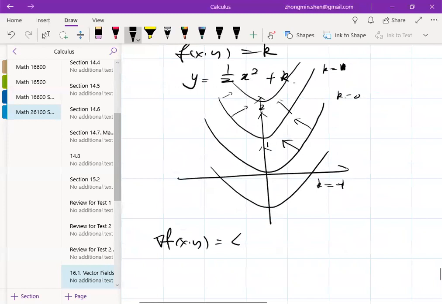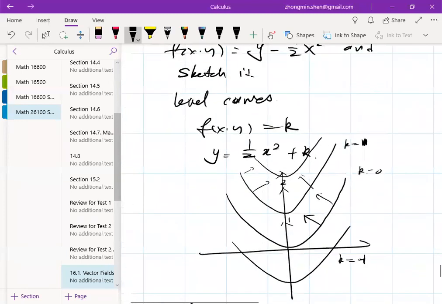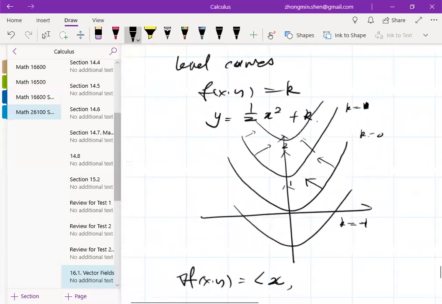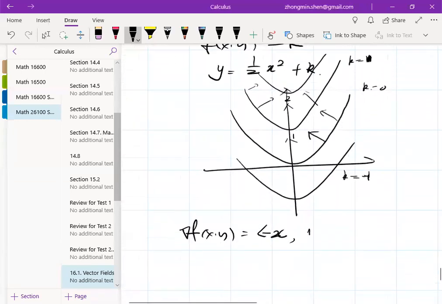The gradient, when you draw it, is going to be negative x in the x component, and the y component is always 1. The derivative of f with respect to y is 1.